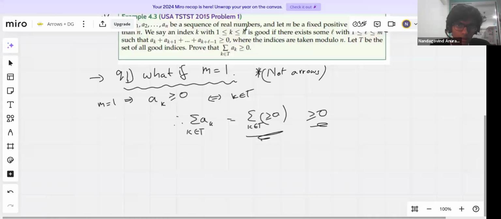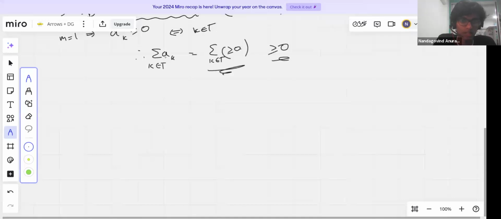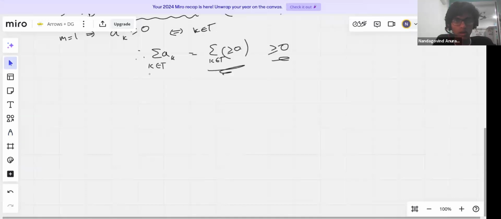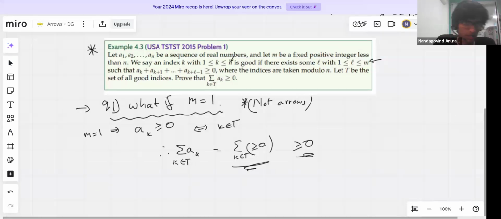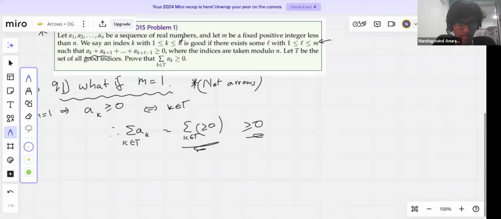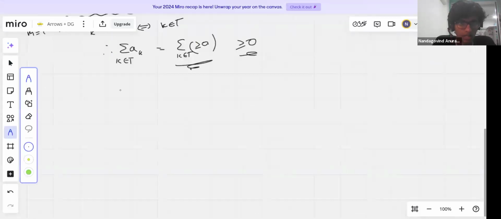Now we'll start thinking about how we can use graphs. Why do I want to think about graphs? That is because of this nice property where indices are taken modulo n. If I really think about it, I'm looking at a couple of elements in a ring, and what I'm really looking at is arcs.